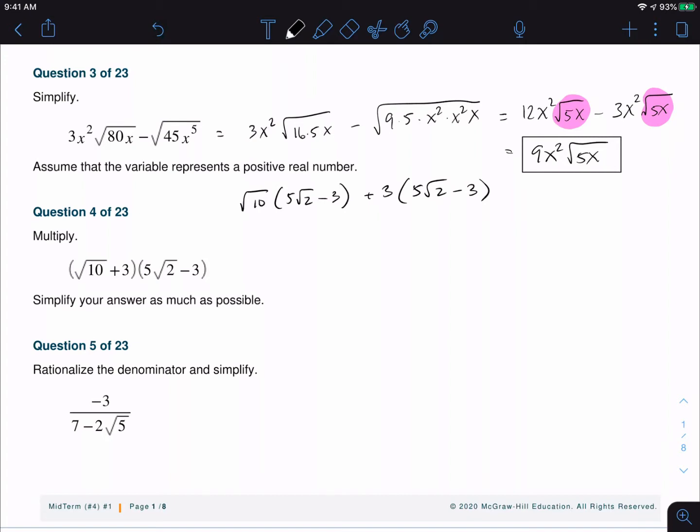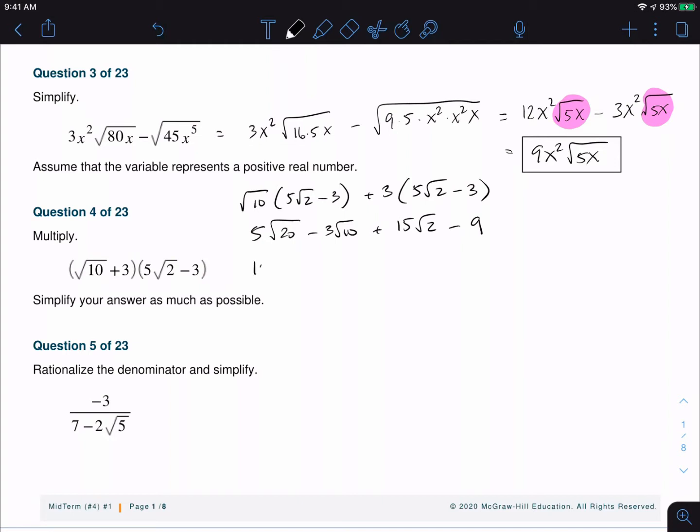And so what I'm going to get here is 5 radical 20 minus 3 radical 10 plus 15 radical 2 minus 9. And square root of 20 is square root of 4 times square root of 5. So square root of 4 is 2.